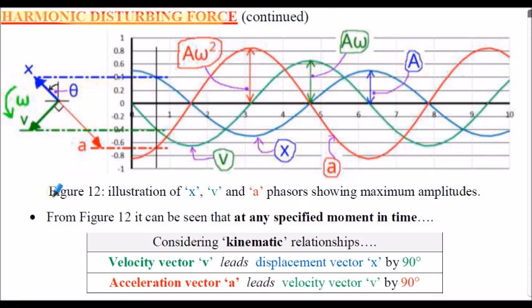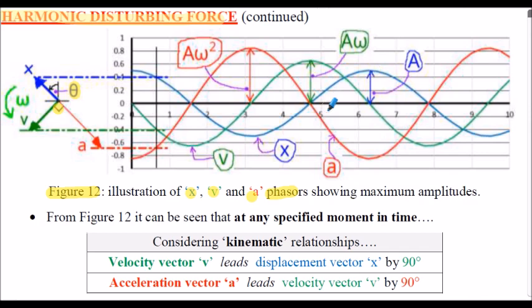Here's figure 12. And that shows again an illustration of the displacement, velocity and acceleration phasors projected along the graph due to rotation of angle theta here. Notice the phasors have been shown moving through angle theta, but of course they maintain their mutually orthogonal positions to each other.